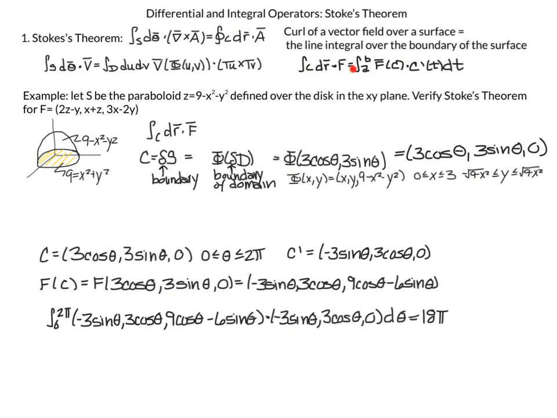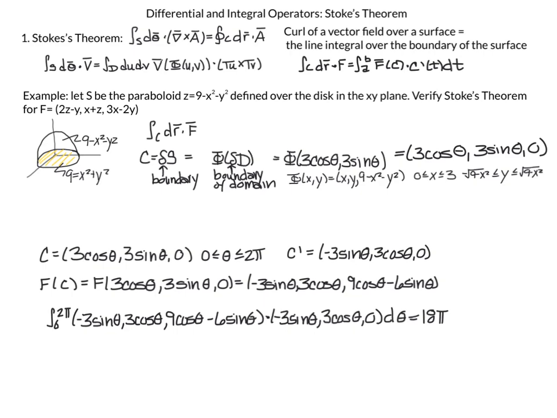This is my formula for my line integral. I'm integrating from 0 to 2 pi. f of c is minus 3 sine theta, 3 cosine theta, 9 cosine theta minus 6 sine theta, dotted with the derivative of my path, that's minus 3 sine theta, 3 cosine theta, 0.